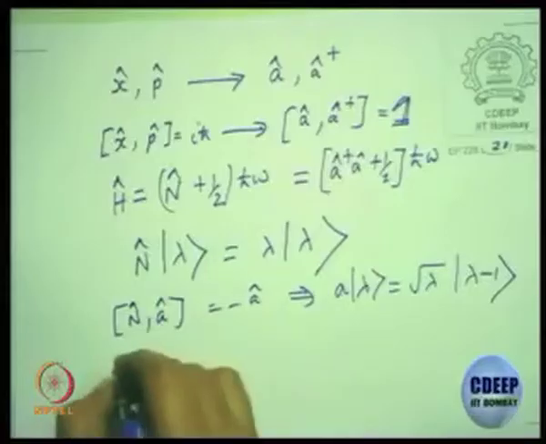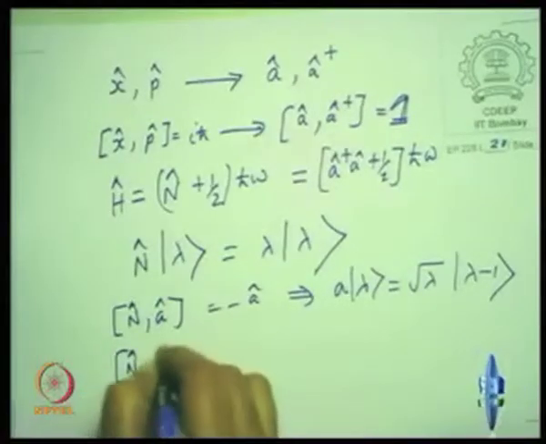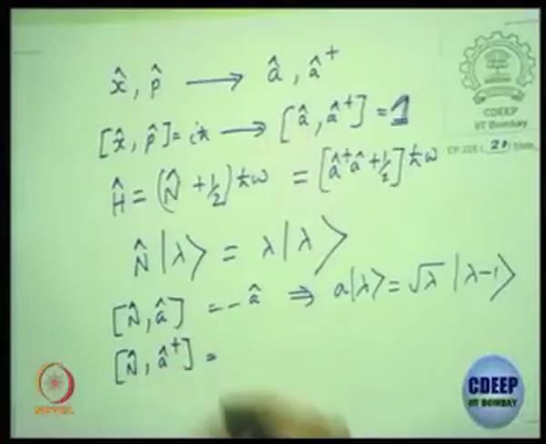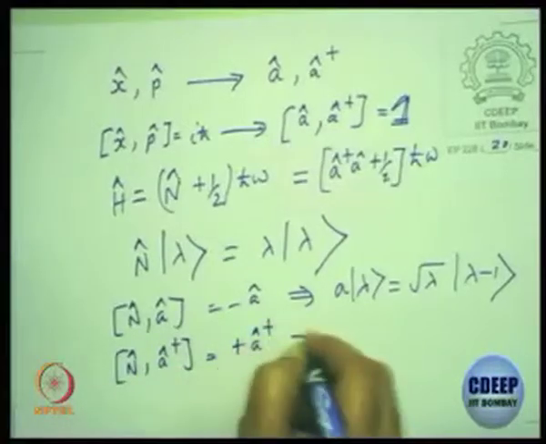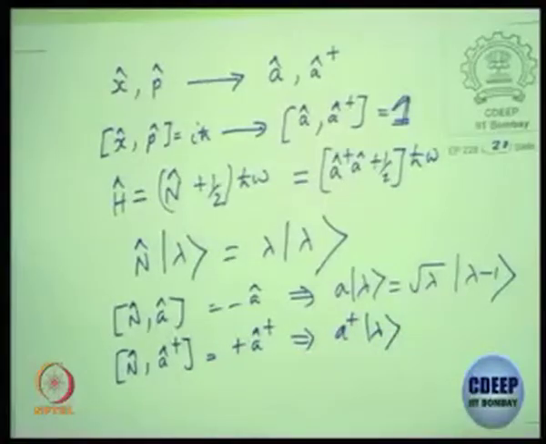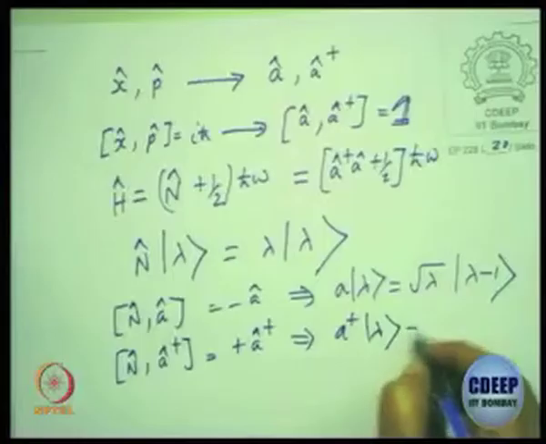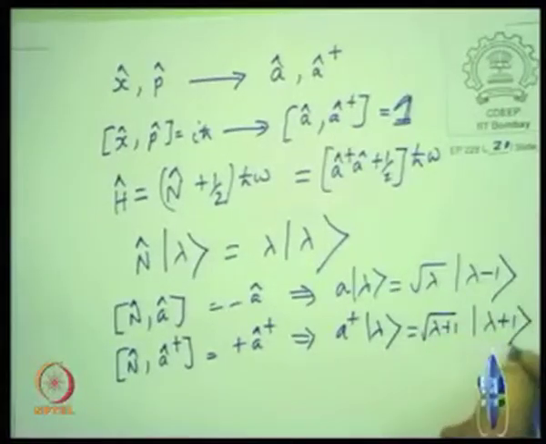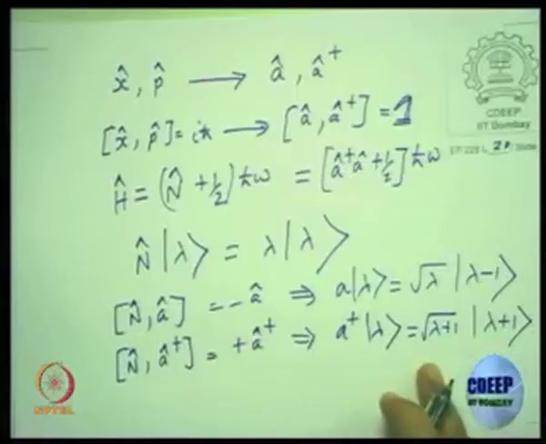And we also had n hat with a dagger to be plus a dagger, which implies a dagger on lambda to be a raising operator with a different coefficient.